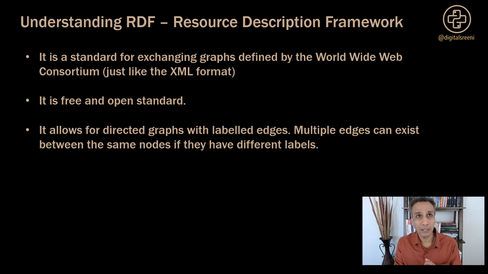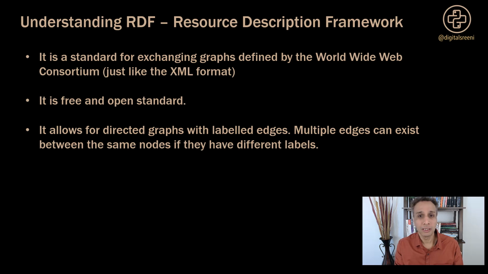And you can actually draw multiple edges between the same nodes if you have different labels, right? So for example, if you have Python and if you have data structures, there was one edge or one connection, which is, hey, this is a prerequisite. But then there can be another edge, another connection between the same nodes, but that means something else.